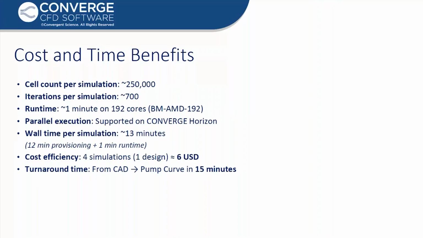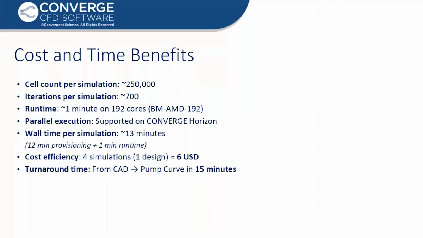So the runtime is only 1 minute, and we have submitted all these cases in parallel, because we are submitting on Horizon where you can run on-demand cases. The total wall time per simulation is around 13 minutes, so it takes 10 to 12 minutes to provision a node on cloud computing, and once we get the node and we have the necessary things over there, we run the simulation. So in total, it takes around 13 minutes of wall time.